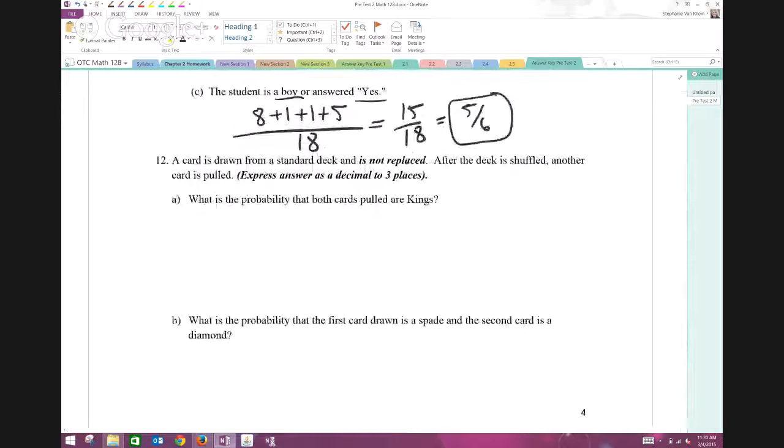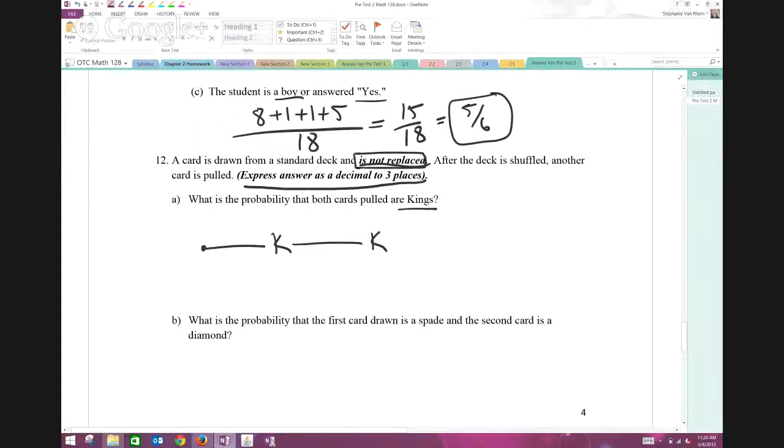Here's some examples where this 3 decimal places come in handy. Find the probability that I pick 2 cards from a deck, that I don't replace them. What's the probability that both of them are kings? So I get a king and then a king, not replaced. So first I start out with 4 over 52, and I can write that as 1/13.